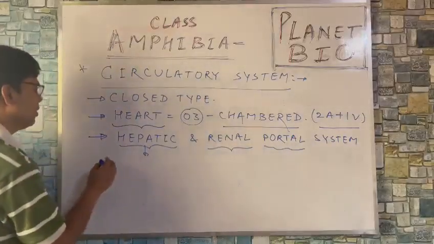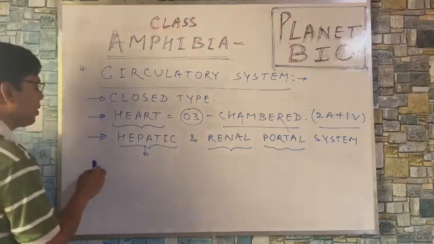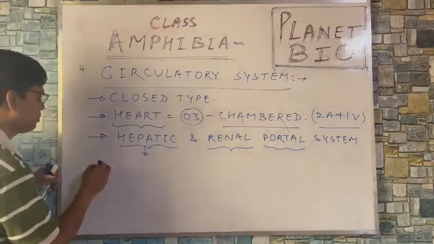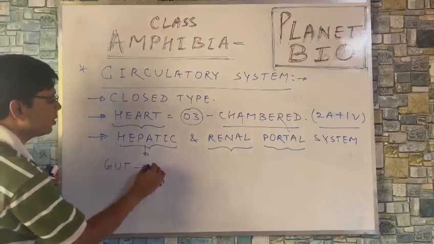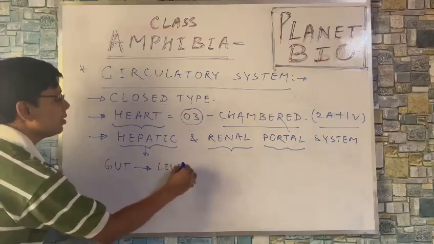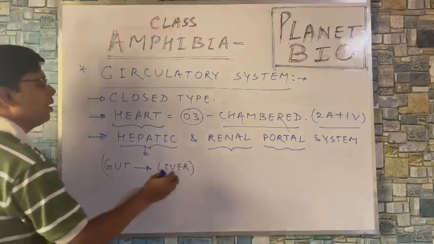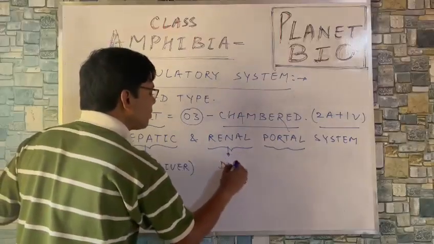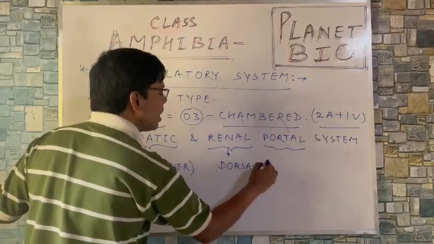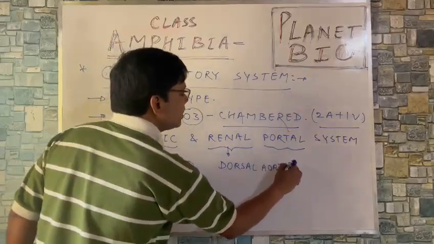Hepatic means the blood supply occurs between gut and liver. And in the renal portal system, the blood supply is between the dorsal aorta and kidney.